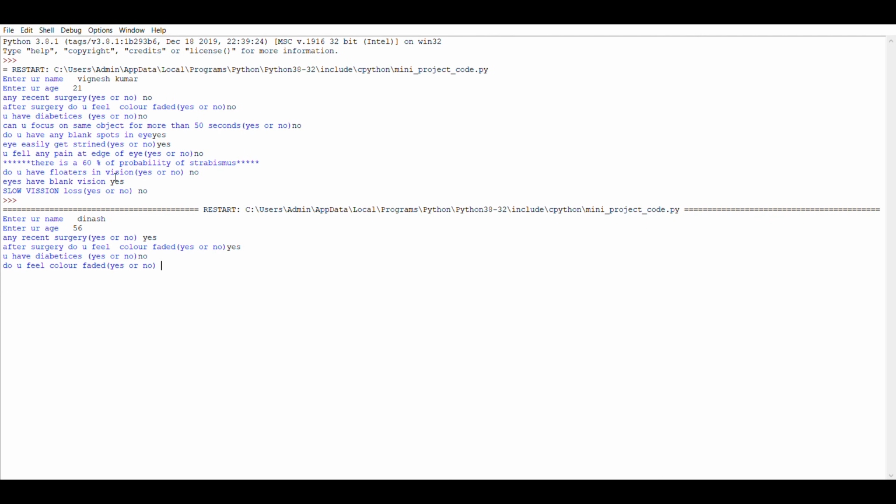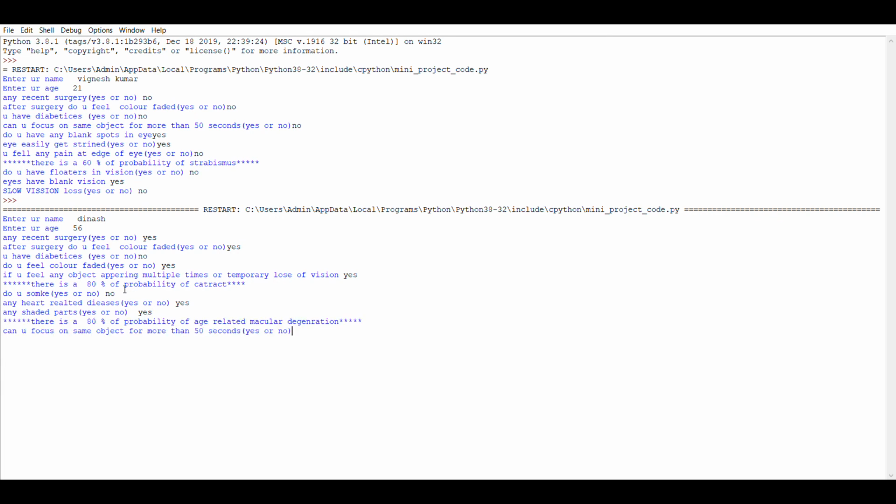Do you have any color faded? Yes. Multiple visions? Yes. 80% of cataract. Do you smoke? He is not a smoker. Any shaded parts? Yes. 80% of age-related macular degeneration.